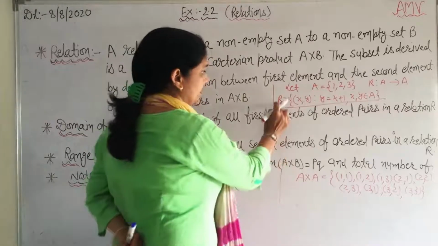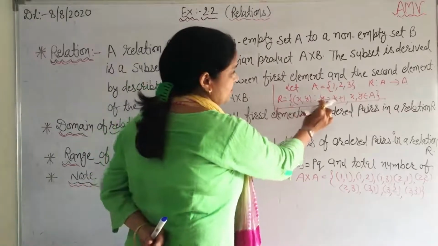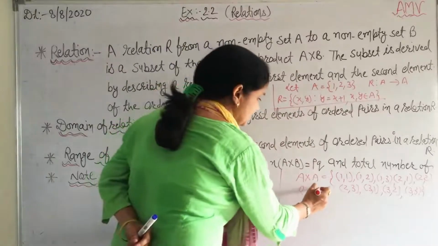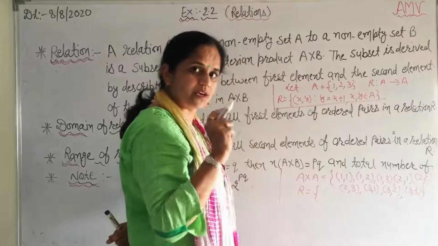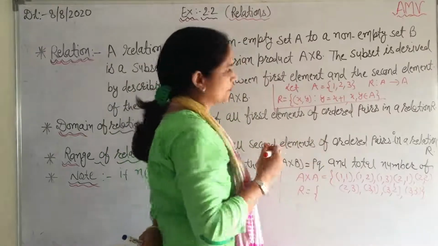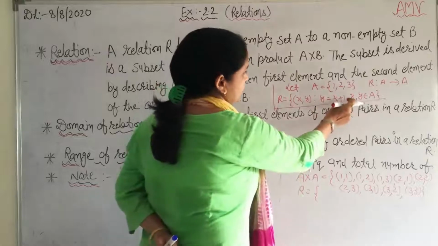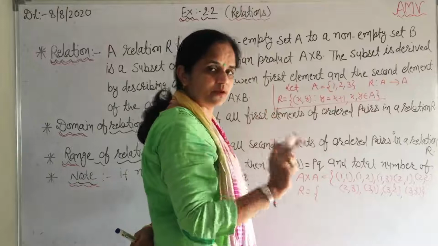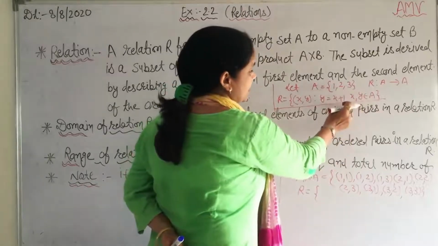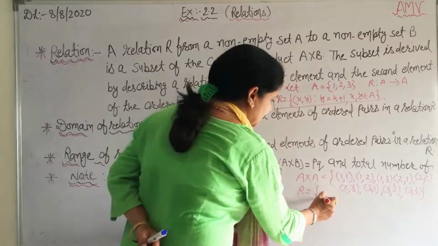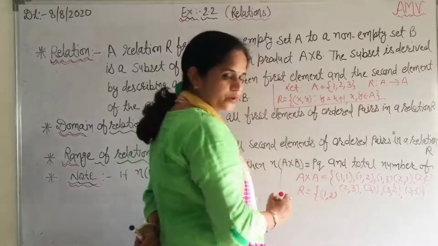Now the relation is defined by y is equal to x plus 1. So R is also a set. Write R in listing form. Since x, y both belong to set A, if we take x is equal to 1, then 1 plus 1, y would be 2. So 1 is related to 2.